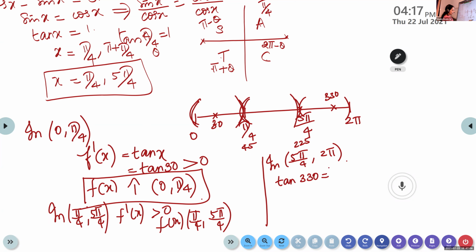We can write this as tan of 360 minus theta, isn't it? 360 minus 30. 360 will coincide with 0, so it will be the same as tan of minus theta. Tan of minus theta is minus tan theta. So will it be positive or negative? Recall the methods we have learned in trigonometry. It is tan 330, which is negative.